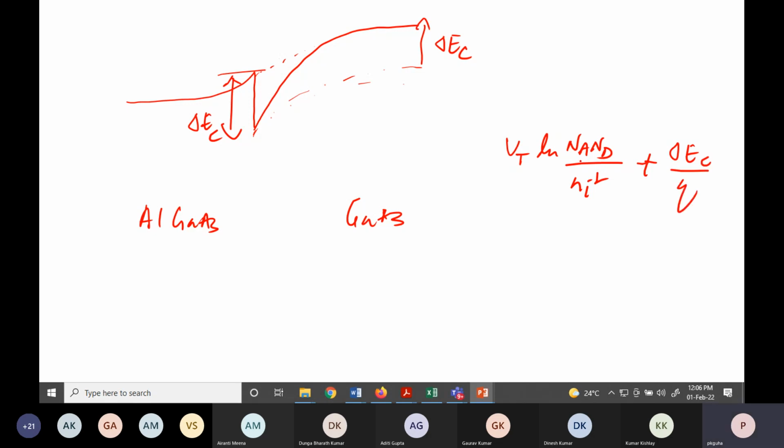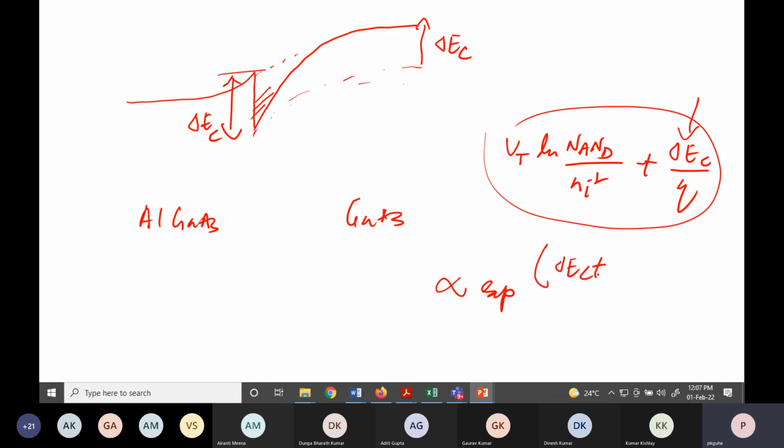Because of this additional band bending, the concentration in this notch will be more, because it is possible to show that the carrier concentration is proportional to exponential of (delta EC plus VBI) over Vt. Here VBI is the built-in potential of the heterojunction, and because of the additional band bending there will be extra electrons in the notch. This part we discussed in the last class yesterday.